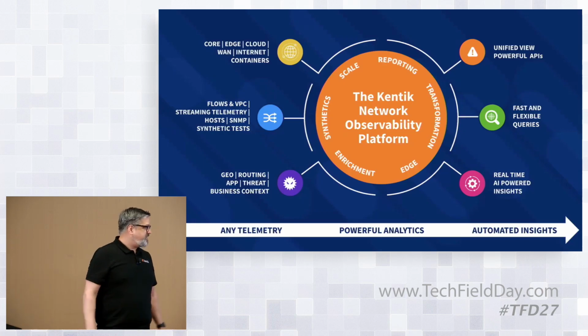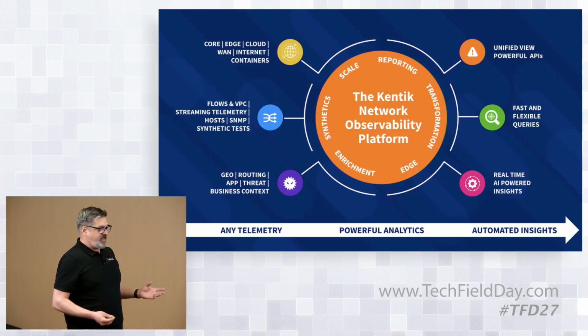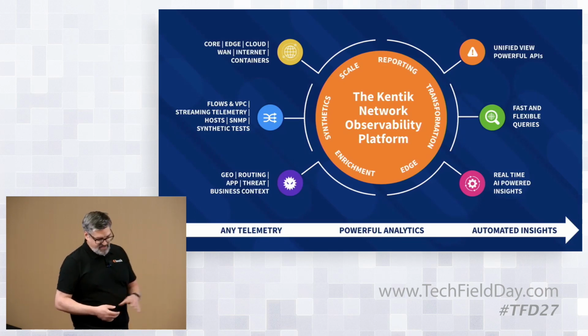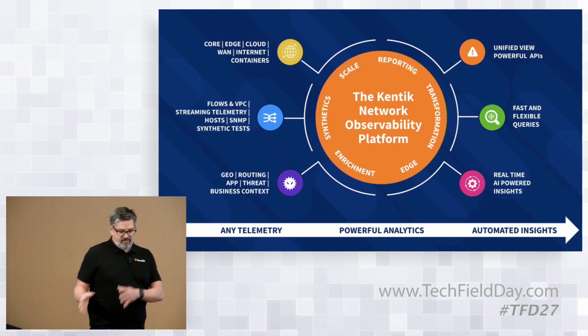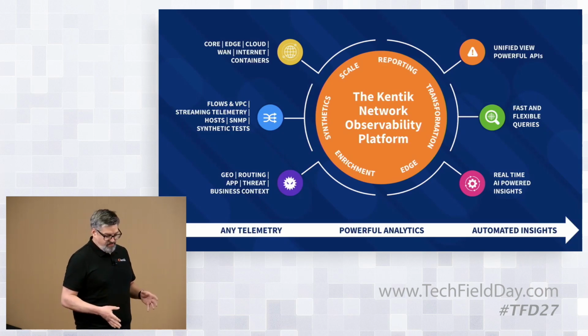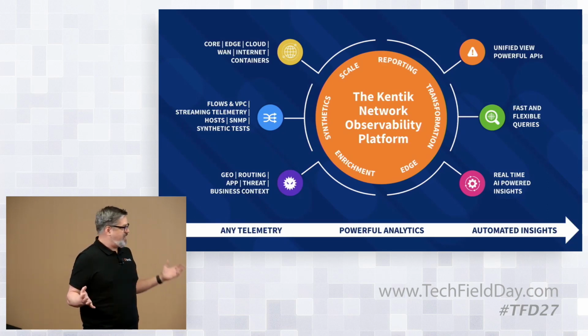So when we look at this diagram here, one of the interesting things is all of the things on the left side is the data that's coming in, and then we have the middle part where we're doing stuff, we're ingesting that data. So when we say cloud, there's different clouds. We have a bunch of different clouds. We have a bunch of different devices, different vendors, all this stuff.